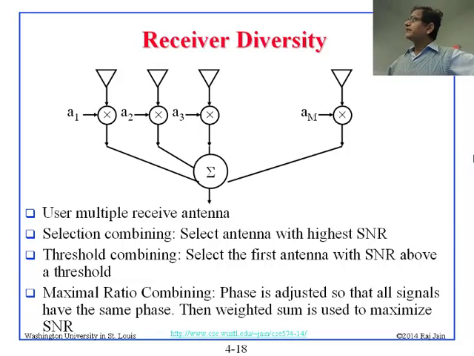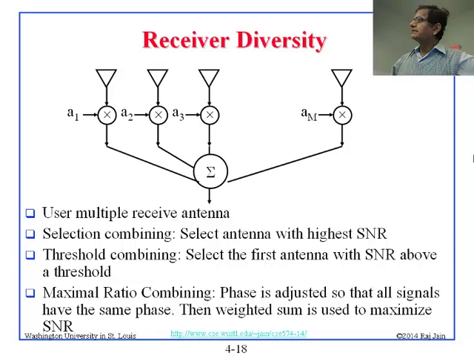So receiver diversity means that you could have many antennas to receive and do something with them. Okay? So you combine them somehow. This combination could be that, and this sigma simply means that you could just have a logic here which takes the strongest signal, for example, and that is called selection combining.